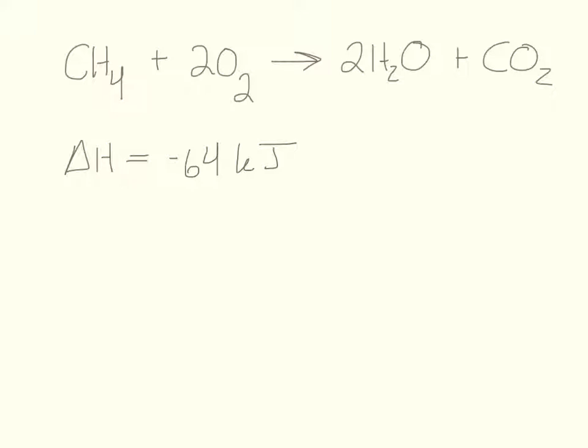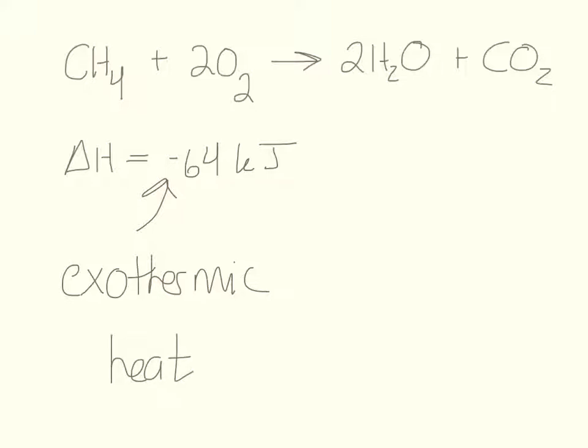And it is negative because we're dealing with an exothermic reaction, and it's exothermic because energy is being expelled. Remember, this is combustion. It's going to produce heat in the sense that we're going to feel warm air, and light, which is also energy.